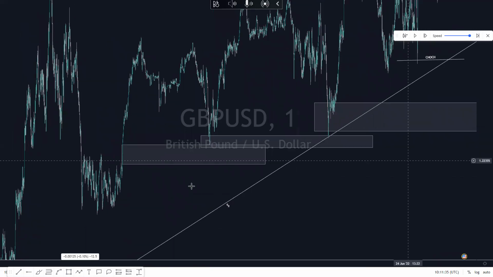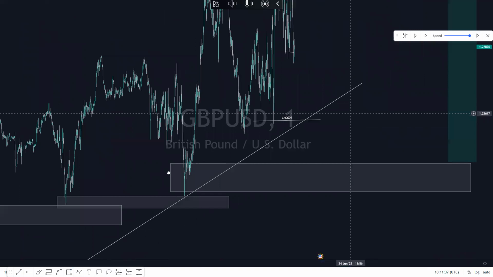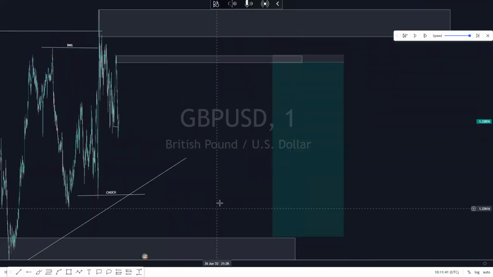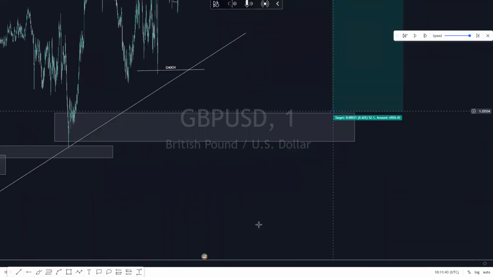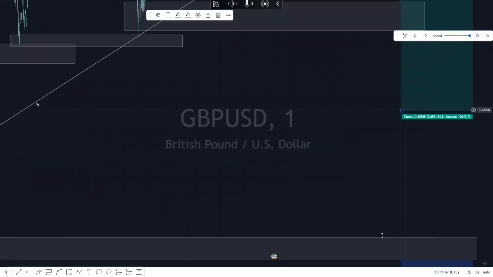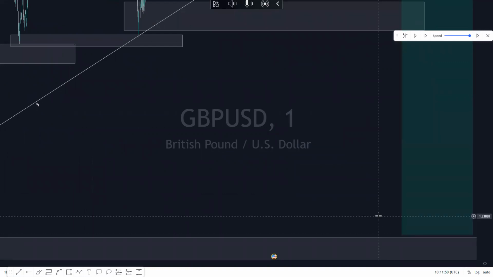Then it may still come back to mitigate this other block. So if I were to find entry, we can just find it in this place and it gives us 1:22 or 23. And we may still hold it if it comes down to this particular key zone. And don't forget that there's still another key zone down, because this is just the accumulation on a 12-hour time frame.